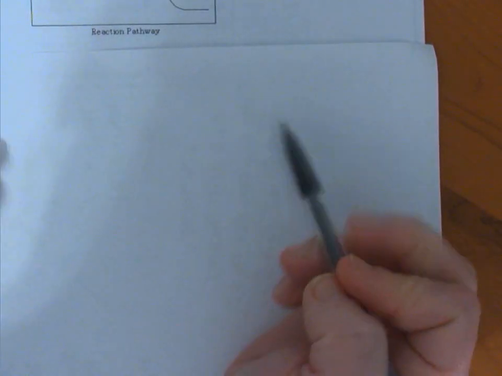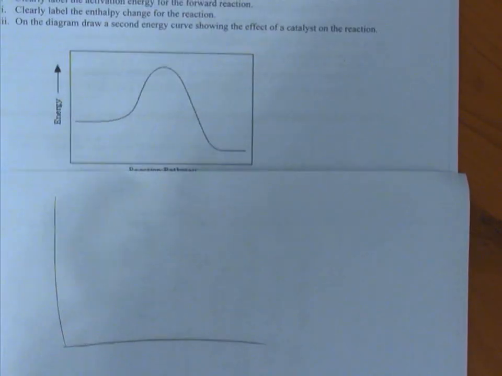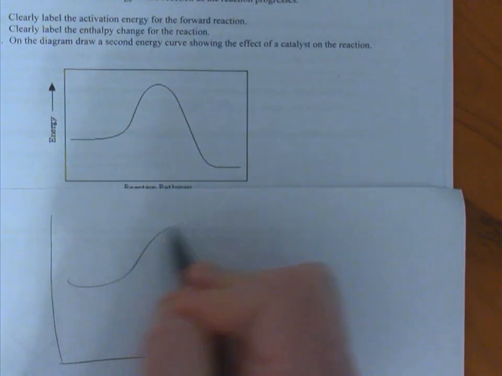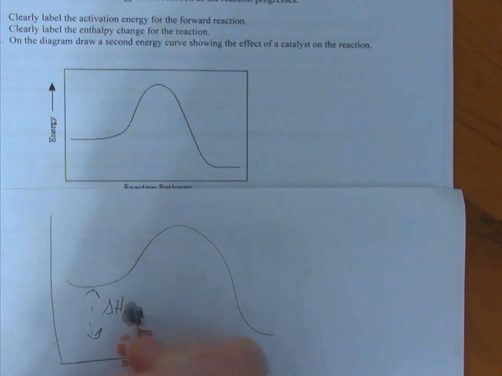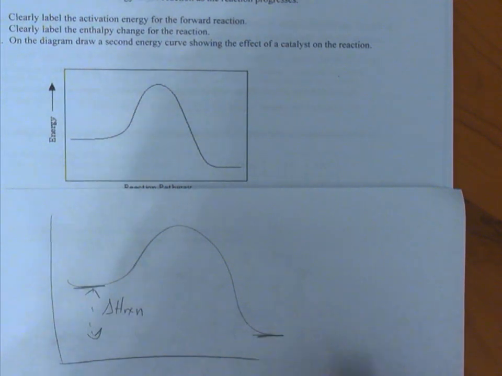Okay, reaction diagram. What do we know about this? I pray that you don't even hesitate to say that, okay, that is exothermic. So here would be the enthalpy of the reaction. I'm starting with reactant here, ending with product.